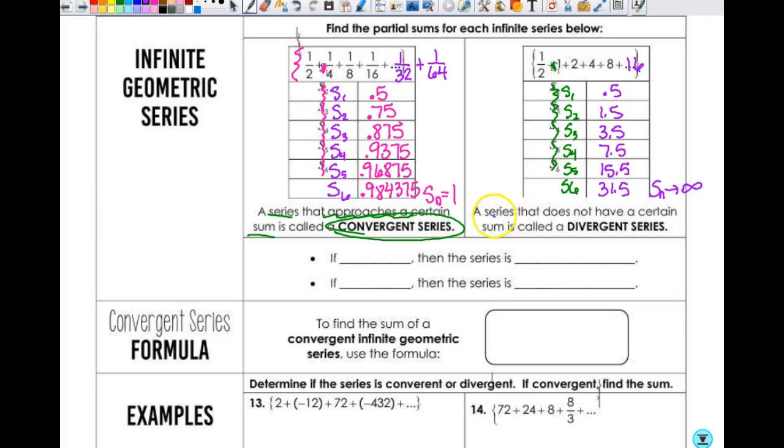A series that does not have a certain sum is called a divergent series. Infinity is not a number, so if it goes to infinity, that's not converging. It either converges to a certain number and is convergent, or it doesn't and is divergent.